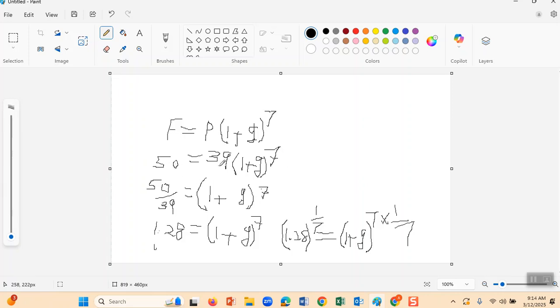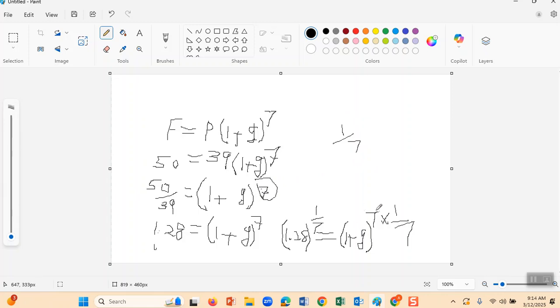We divide both sides of the equation by 39. Even if you use pen and paper, you will get the same amount. So 50 divided by 39 equals (1 plus g) to the power 7. Then we multiply the exponent on each side of the equation by 1/7. When you multiply 7 by 1/7, it gives you 1.